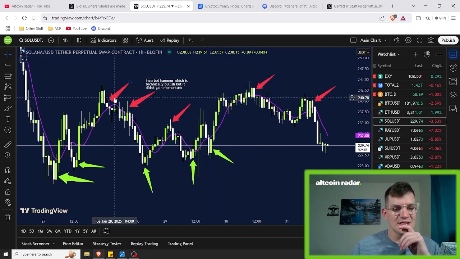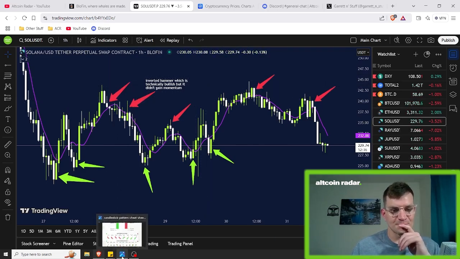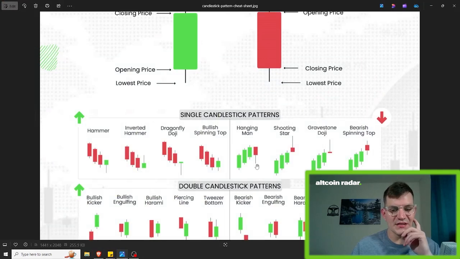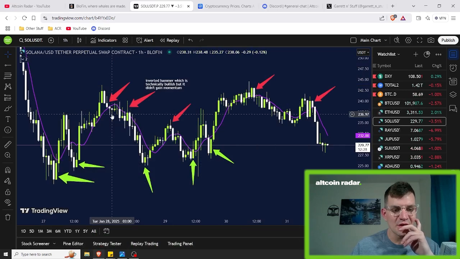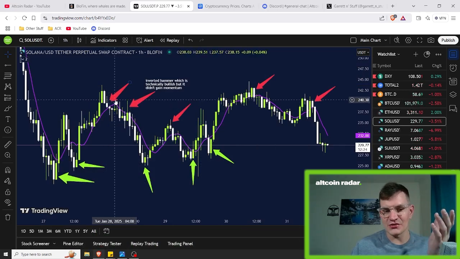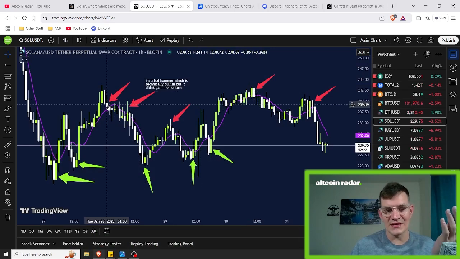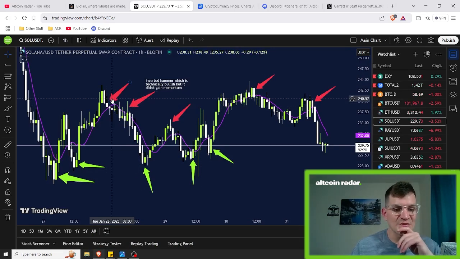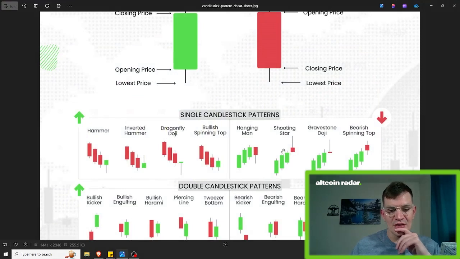So this first one right here, as you guys can clearly see, we've pretty much got a kind of like a shooting star pattern going on right here with this one. Technically it's not a shooting star, but I would call it a shooting star considering it's pretty close. It's pretty much like a reverse hammer candle.